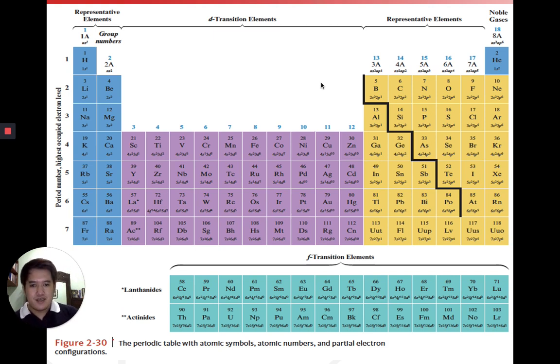Now, you might have noticed that in the d block, this is where things start to get a little bit tricky and confusing for a while. If you look at the fourth column of the d block, it says here, for example, chromium 4s1 3d5.